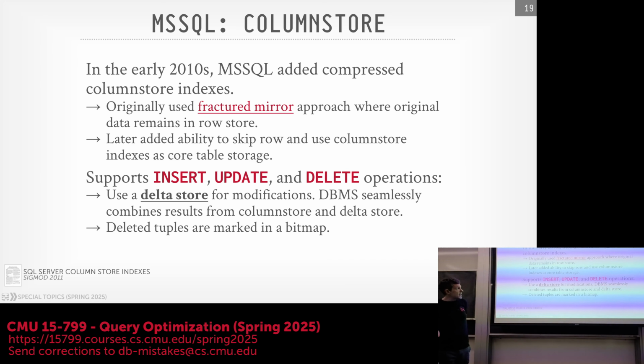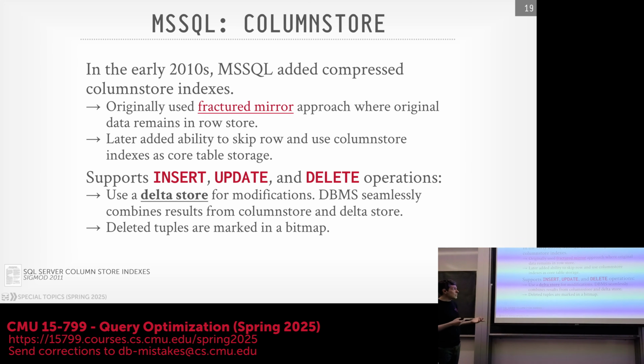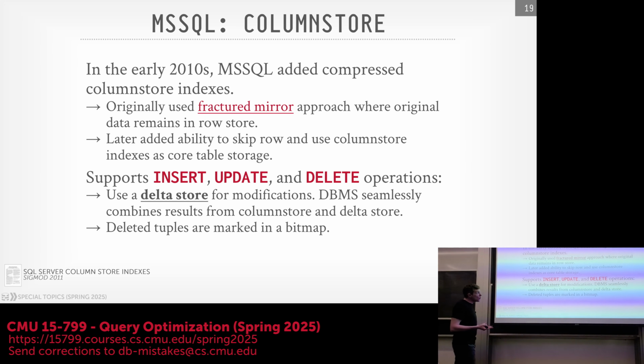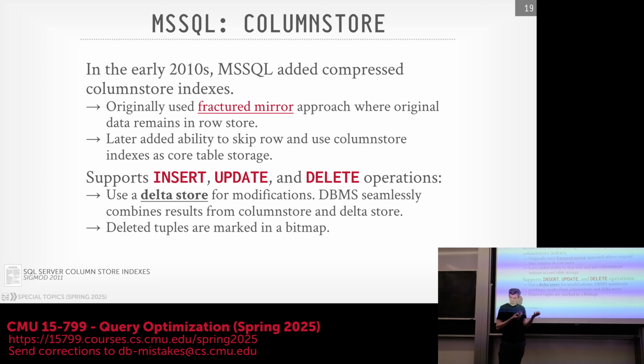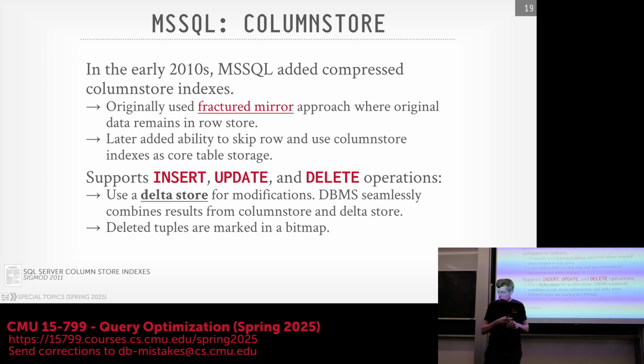And so in the early 2010s, Microsoft announced and released a new feature in SQL Server that allowed them to do compressed Columnstore indexes. The original version of this was what's called a fractured mirror architecture, which was invented by Jignesh Patel's PhD advisor back in Wisconsin, David DeWitt.